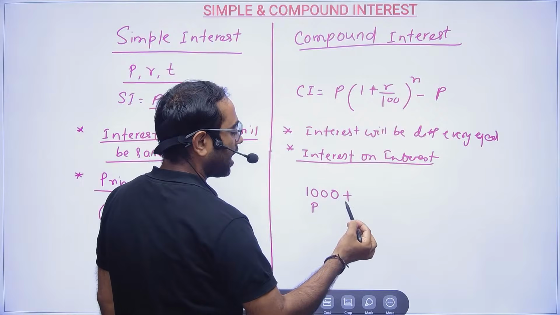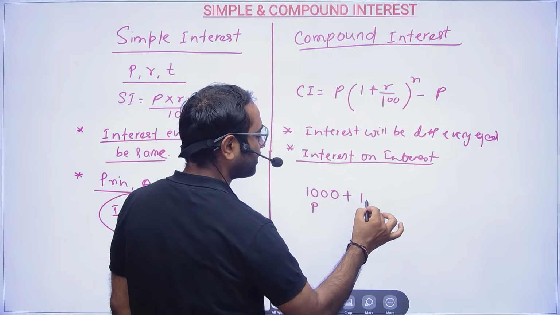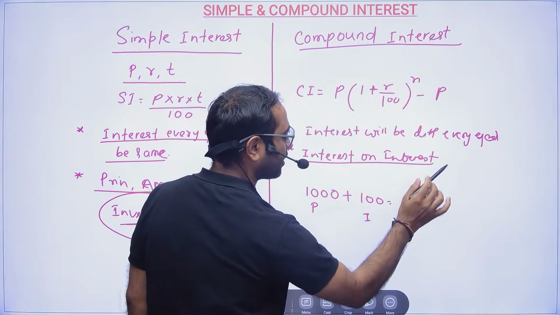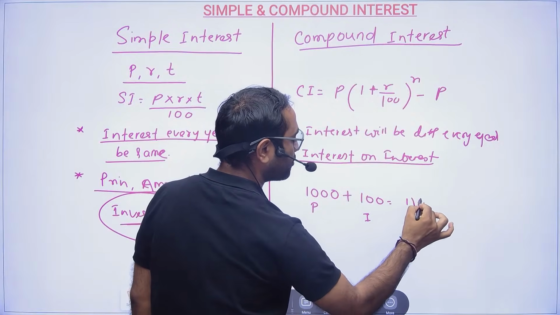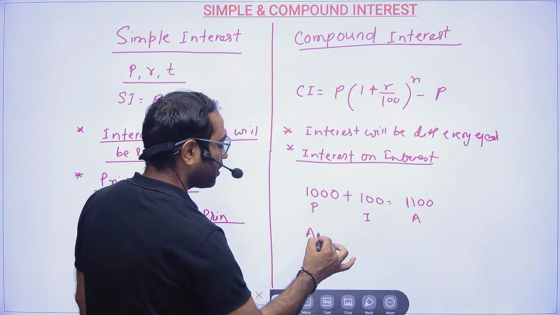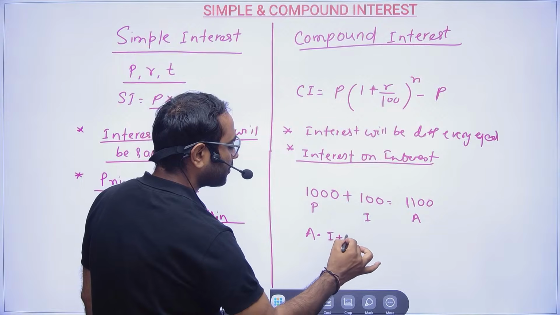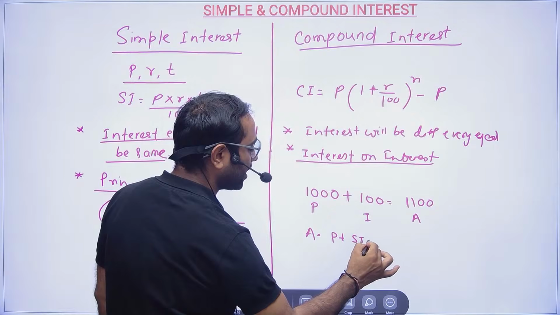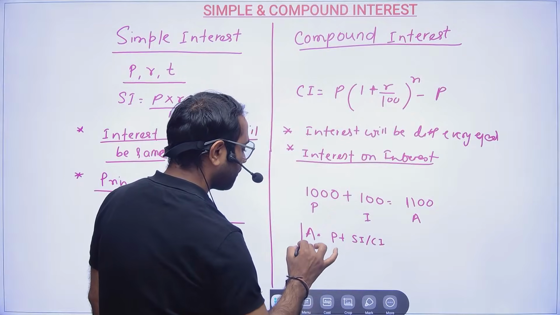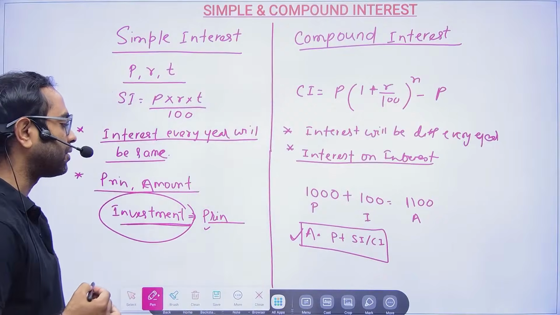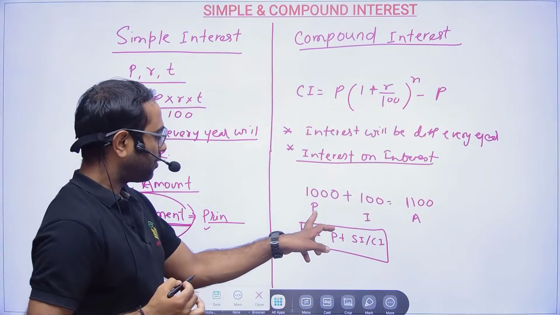Suppose you are keeping 1000 rupees in the bank, so you are investing; that means it is your principal. After 1 year, the bank gives you 100 rupees interest. After a year, the total amount which you will have is 1100. That becomes your amount. So amount is equal to principal plus interest. That interest might be simple interest or compound interest, but the formula will be the same for both.